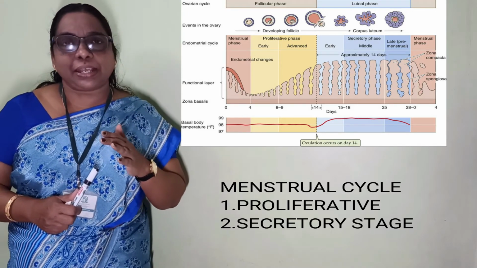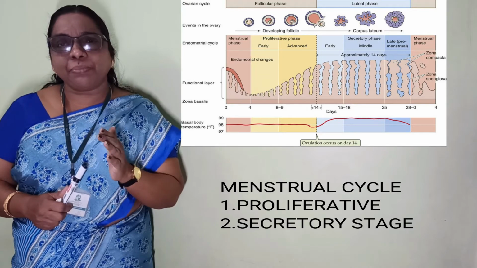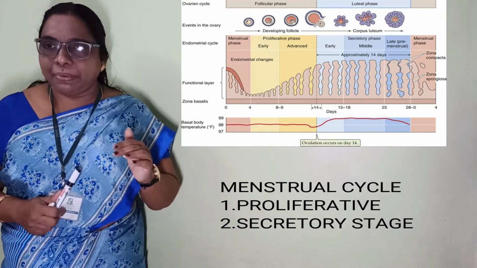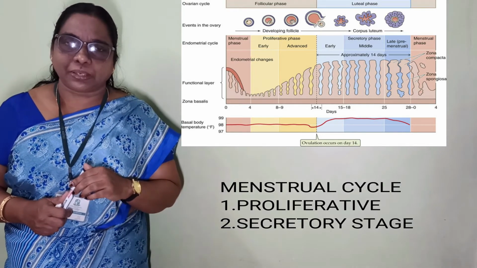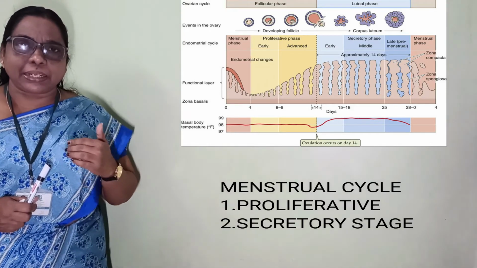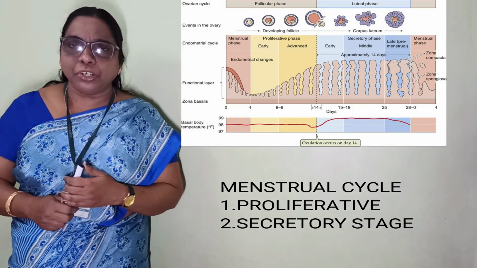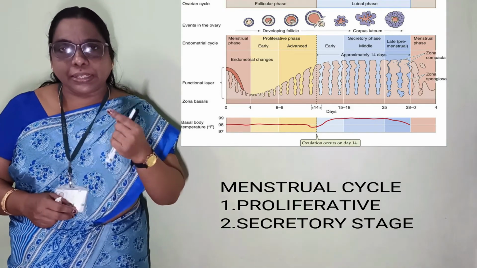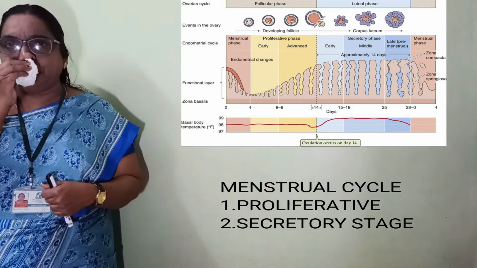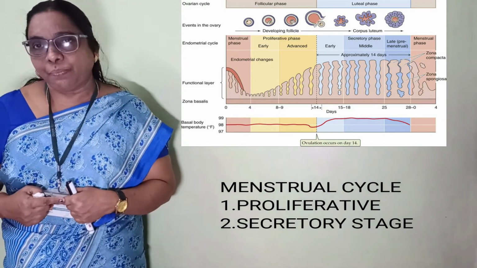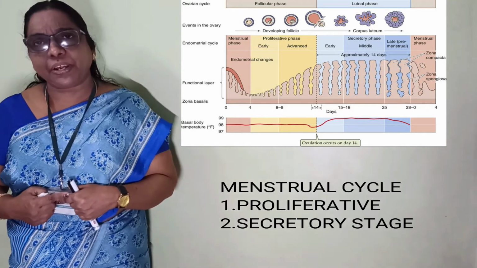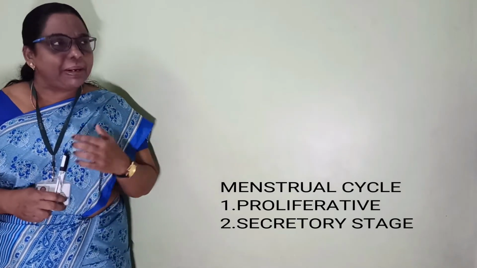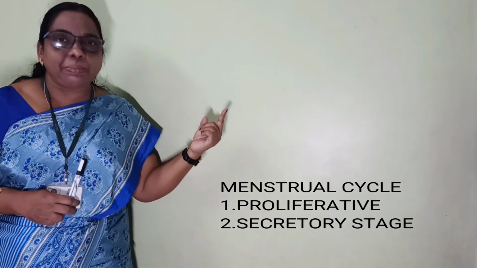Menstrual cycle is derived from the word mensum, which means a monthly process. Every month it occurs in the female reproductive system, followed by 2 stages. The first stage we call the proliferatory stage. The name itself says it: proliferation means the number of cells increases.